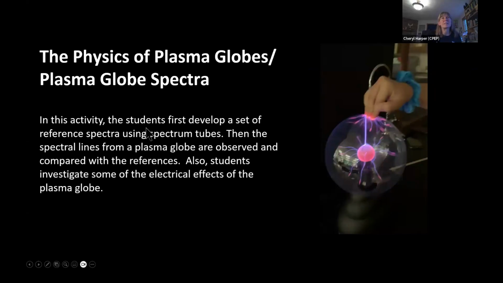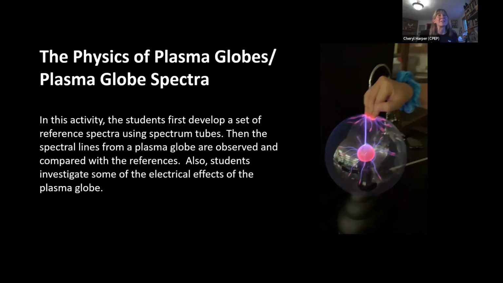Now, there's also the physics of plasma globes, and plasma globes right now seem to be fairly inexpensive and on sale, I should say, at places like Walmart, for example. They are, I guess, trying to sell them to college students who are going off to school.